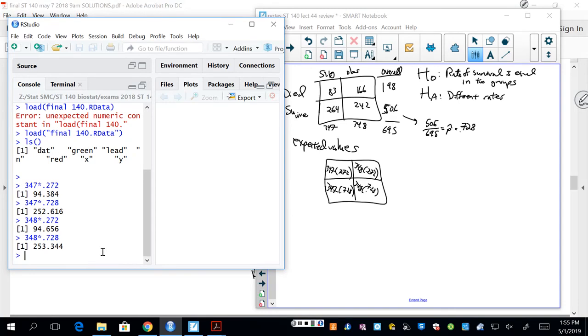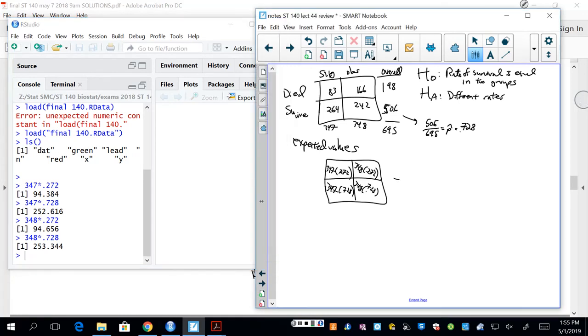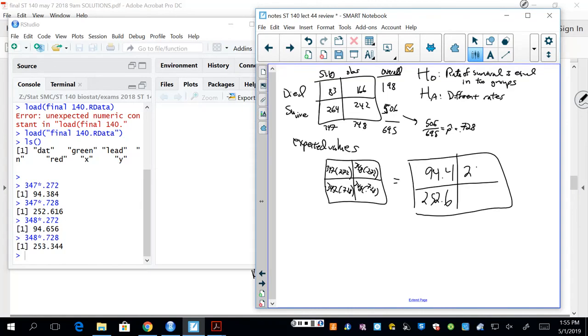So in terms of expected values, for this table, out of 347, you'd expect 94.4 over here, you'd expect 252.6, and over here you expect 253.3, wrote it in the wrong place.